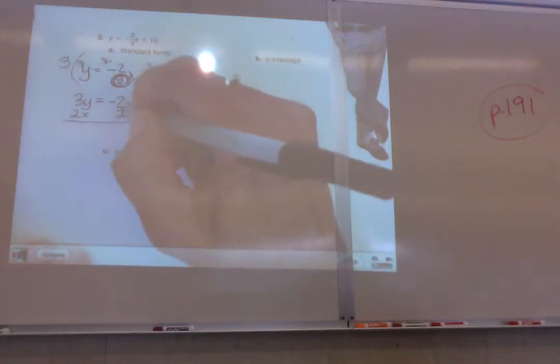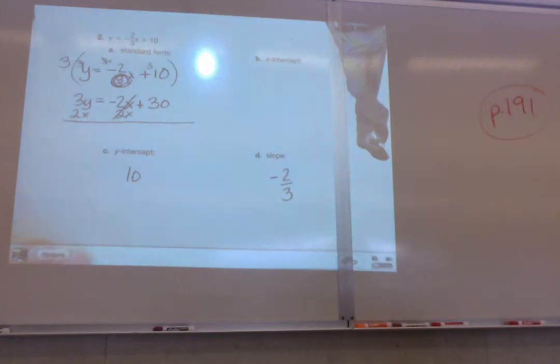I'm adding 2x because I only want 30 equals, and then take a look up at number 1. Which term should we write first, the x or the y? What order did they have things?